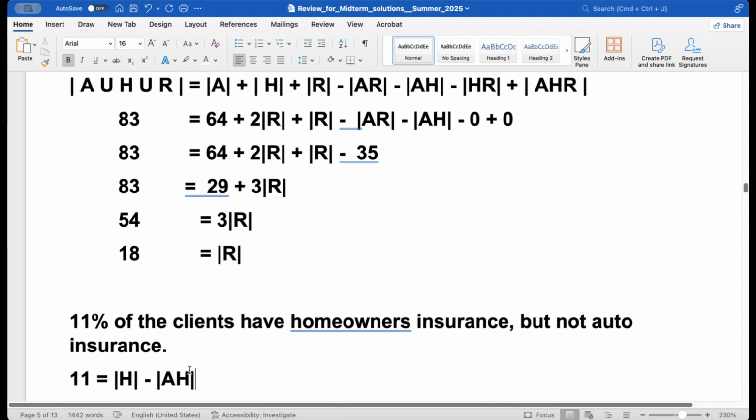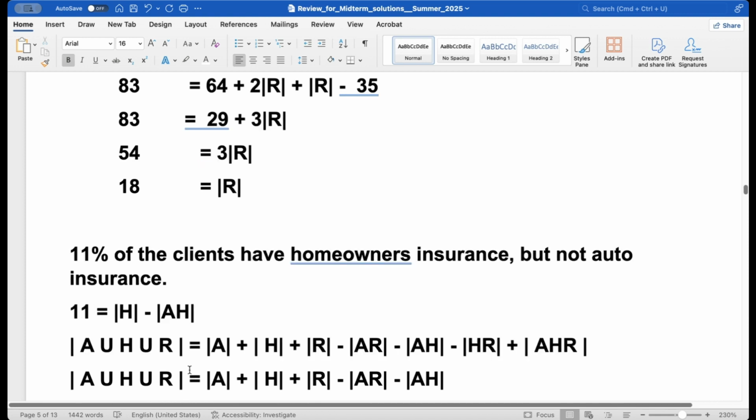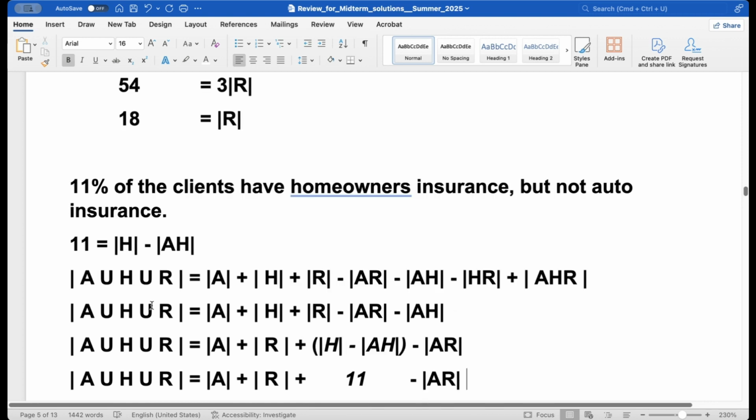So H minus A intersect H. So that's 11. So going back to the general formula and knowing that H intersect R and A intersect H intersect R are 0, we can isolate H minus AH, and we know that that's 11.